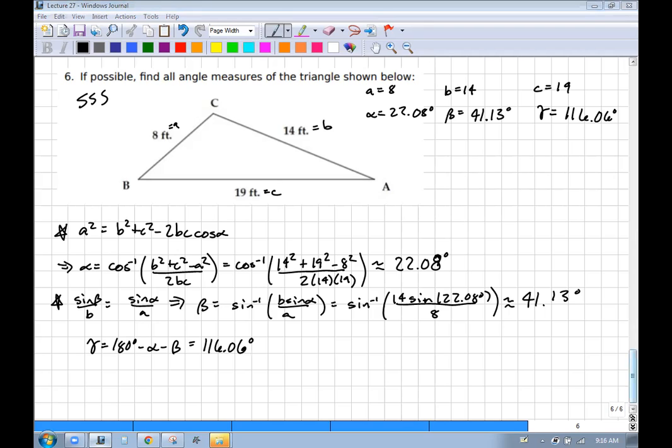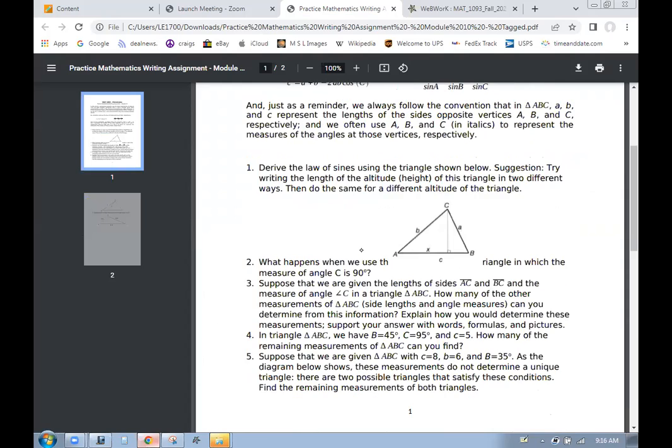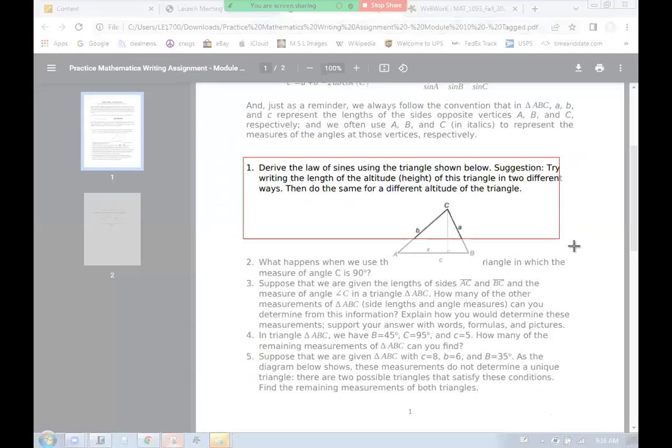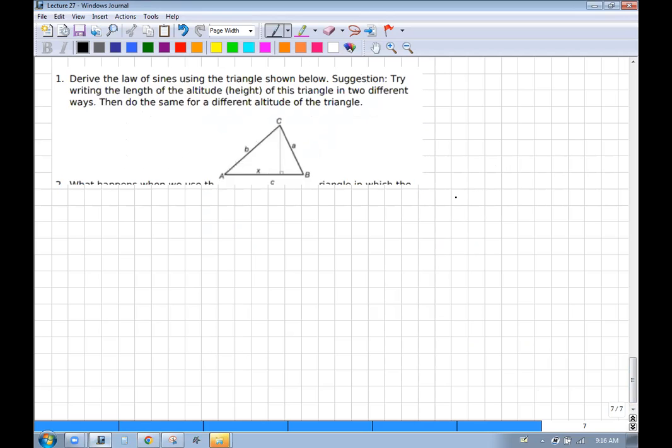Number 1, sure. Derive the law of sines. This was the law of sines section, and the first thing they do in the book is derive it. If we call this h, and this is x, then this would be c minus x, because all the way across is c.